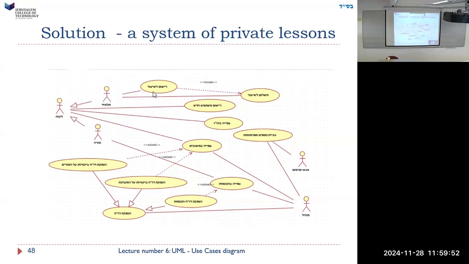The student can do certain things, but they all can do this. Looking at the class schedules. No, that's this one. What is this? This is also looking at feedback. Right, and the teacher can look at his feedback.